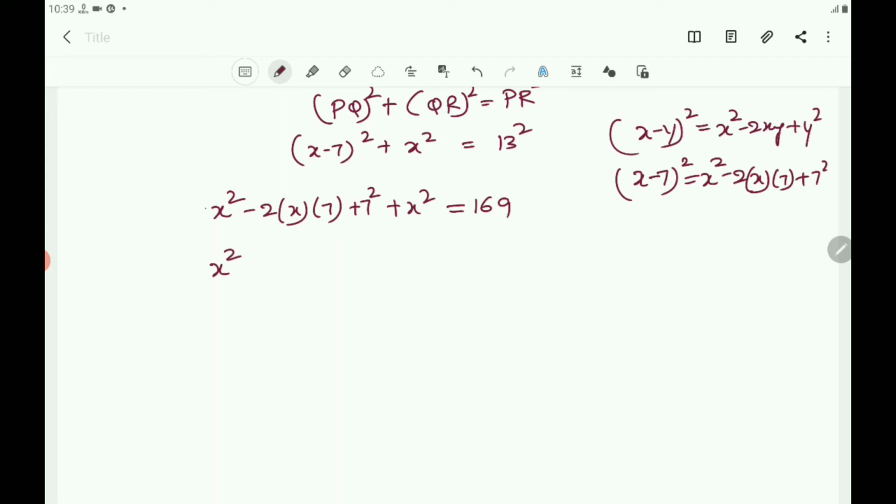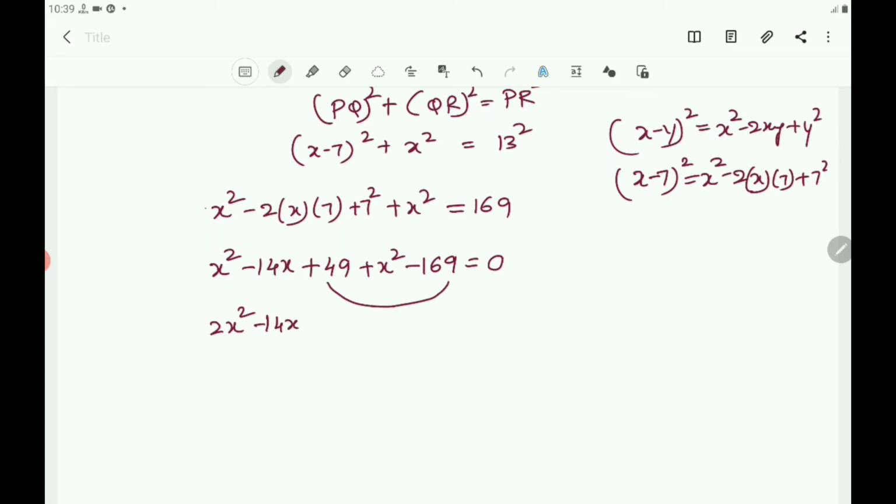x square minus 2 into x into 7 is minus 14x, 7 square is 49, plus x square, and you transfer that 169 to the LHS, minus 169 equals 0. Then you add x square and x square, that becomes 2x square, and minus 14x you write as it is.